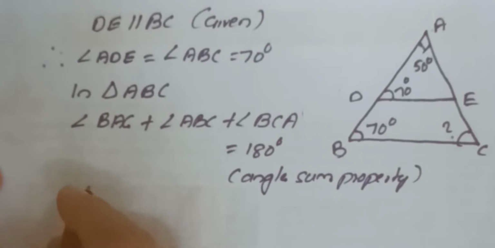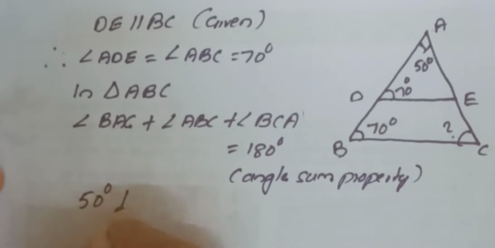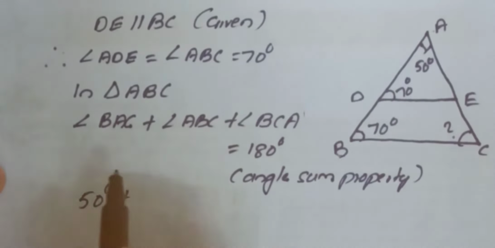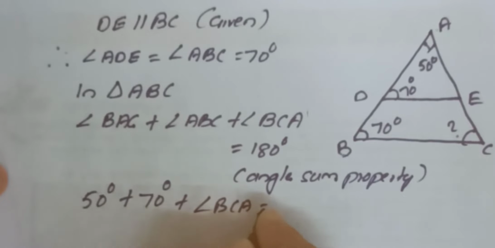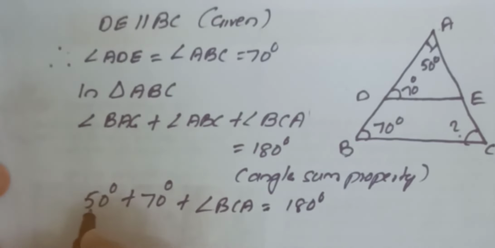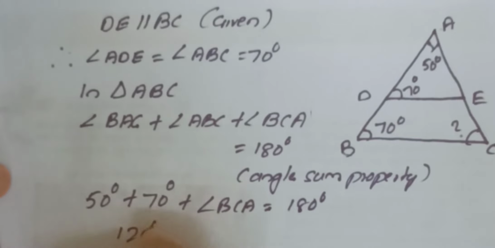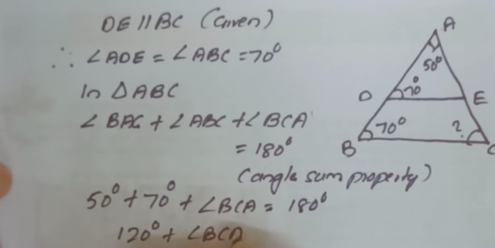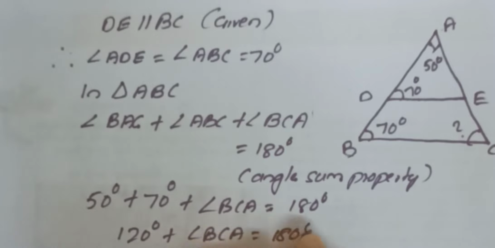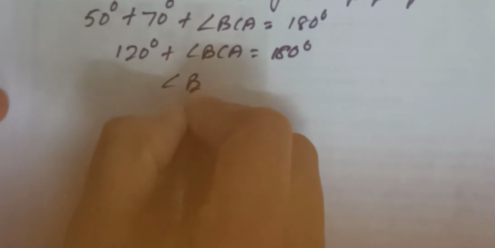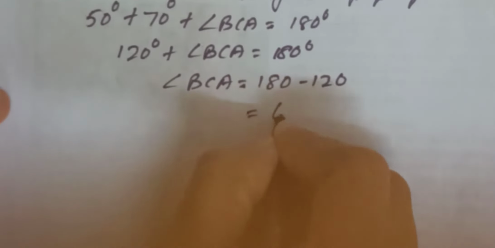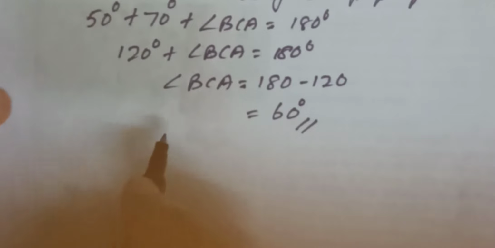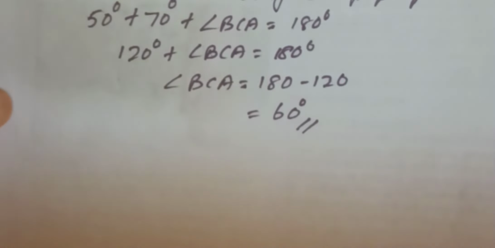Now what is angle BAC here? Angle BAC is equal to 50 degree plus angle ABC, 70 degree, plus angle BCA, that we don't know, we are going to find out, is equal to 180 degree. Now you got 50 plus 70 is equal to 120 degree plus angle BCA is equal to 180 degree. Now we have angle BCA is equal to 180 minus 120, that is equal to 60 degree. So we got the answer, angle BCA is equal to 60 degree.